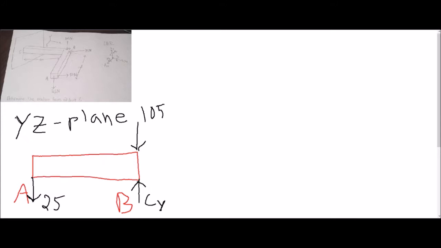And also at point C, we're going to be able to see Cz, which is in the positive Z direction, which would be this way. And let me once again draw the coordinate system. In this case, in the YZ plane, it's like this, where this is Z and this is Y. Okay, this is Cz.